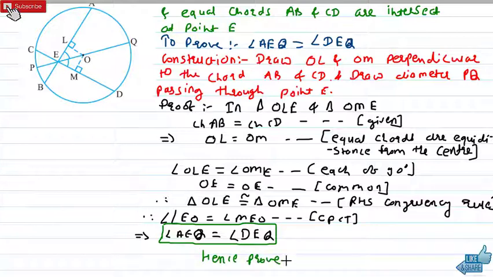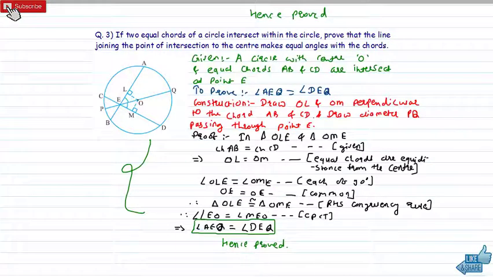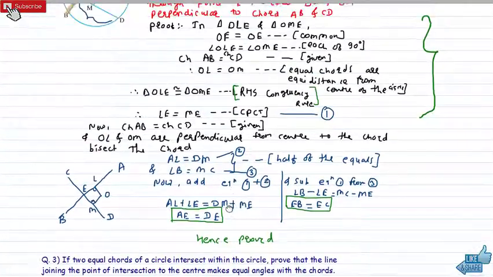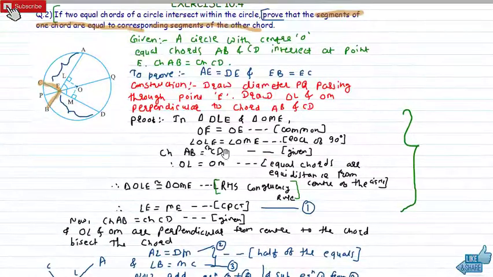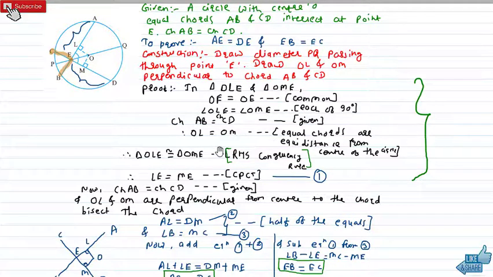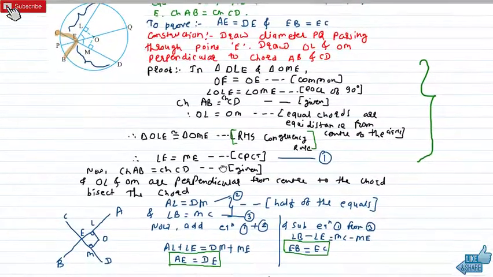If you notice, this complete proof is the same as the proof of the first part of the second example. So if you understand the proof of any one example out of these three, you can easily write the other two.